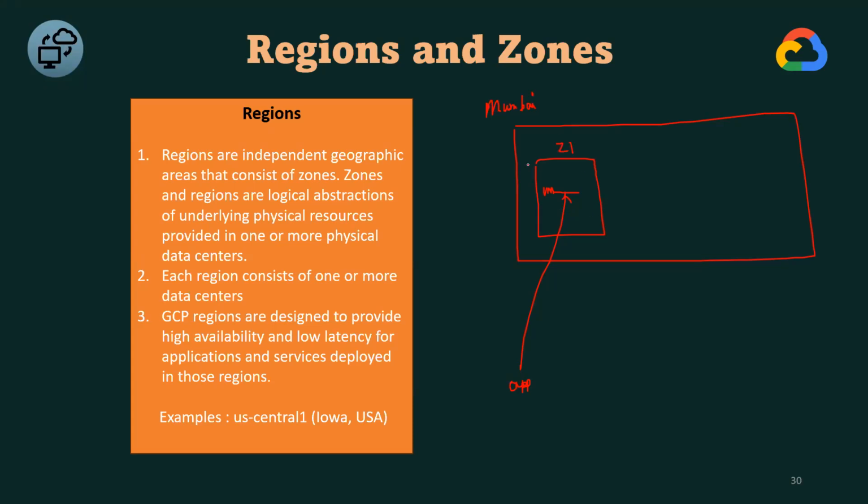What if this entire zone 1 has crashed due to some unexpected failure? It may be an earthquake or some other unexpected failure. If zone 1 is crashed, what happens to your application?